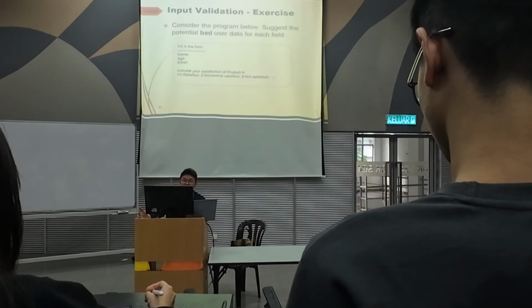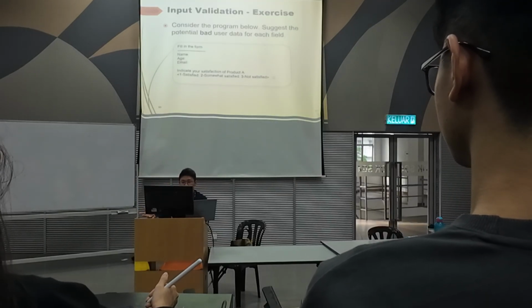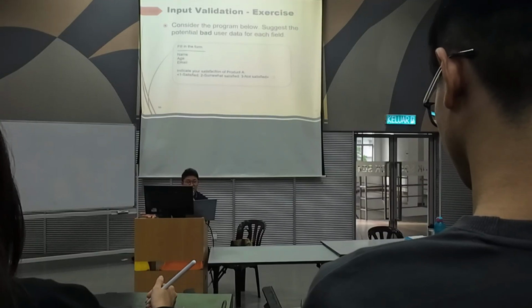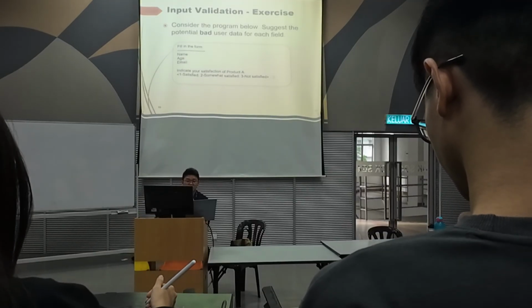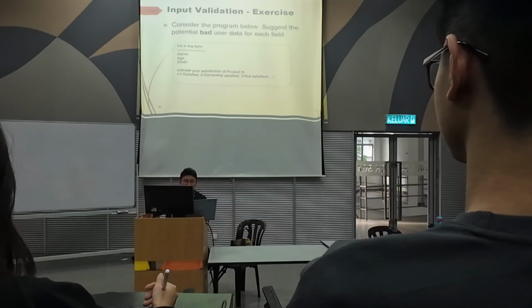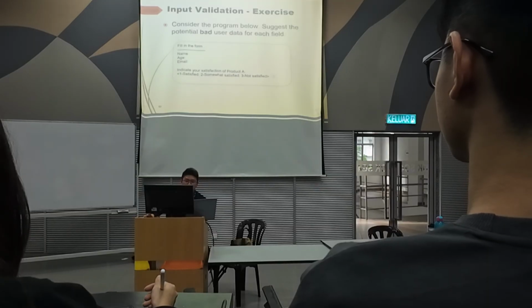You have this alliance, then only you consider as an email. Okay, so this is what we call input validation. So a bad user data means you maybe missing this .com or actually missing the @ symbol, then that's considered as the bad user data.